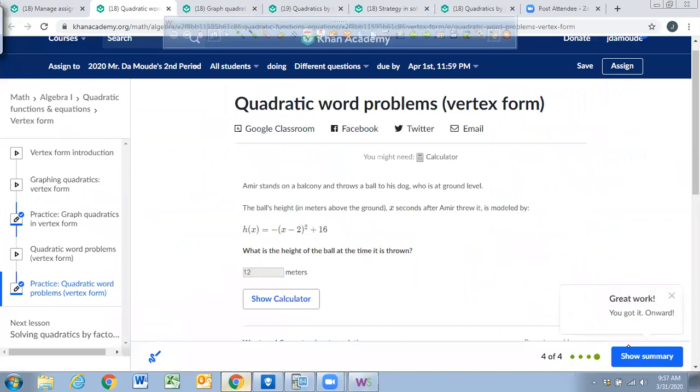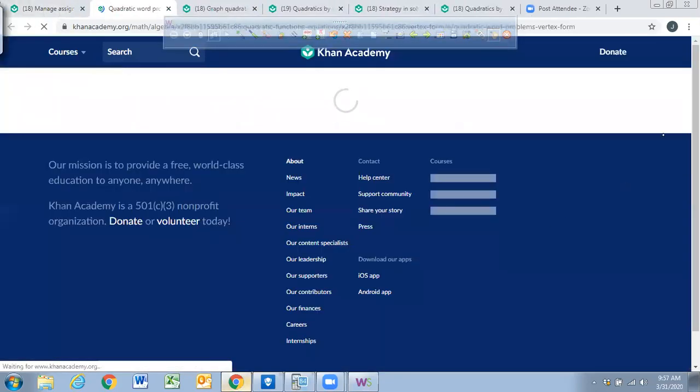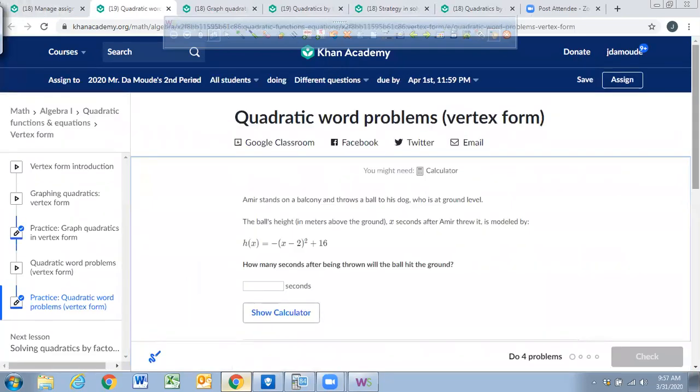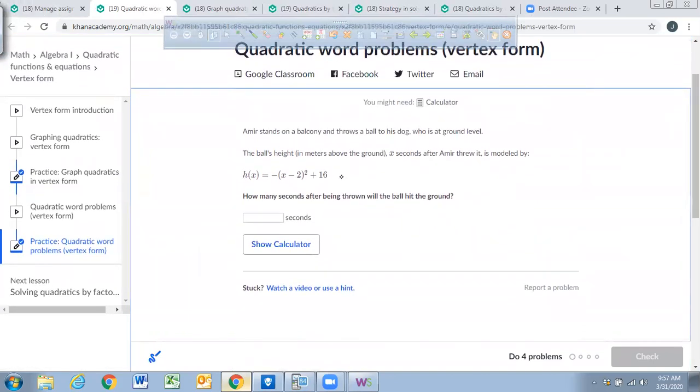What we're going to do is close that, go to manage assignments, go to word problems one more time because that was the last one. Oh, look at this. Funny thing. Same question, everybody. I just started it again. Same equation. This says, how many seconds after being thrown will the ball hit the ground?